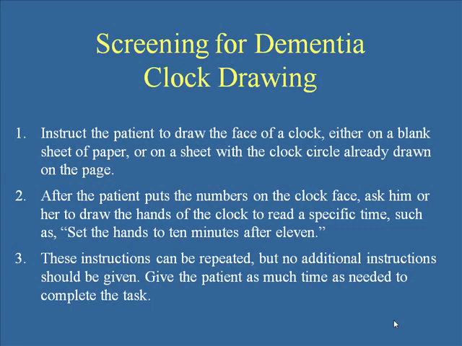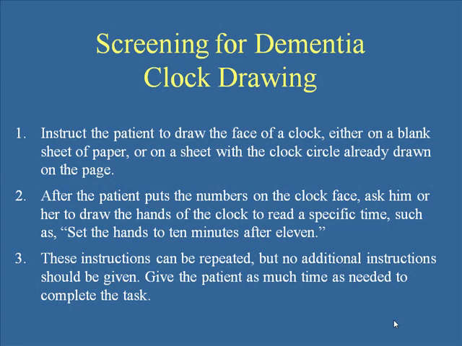Once the patient has put the numbers of the clock onto the clock face, you would ask him or her to draw the hands of the clock to read a specific time, such as set the hands to 10 minutes after 11. You can repeat these instructions, but no additional instructions should really be given.